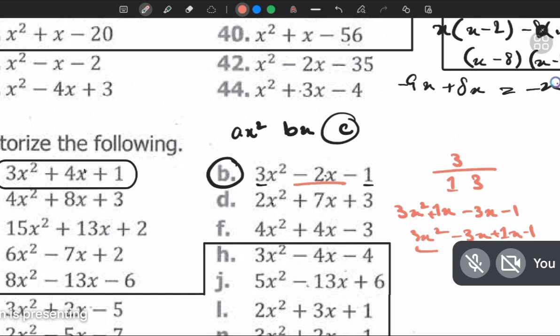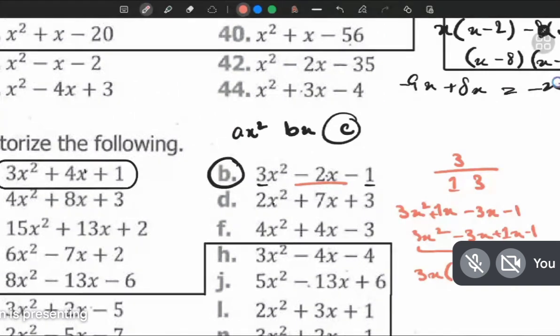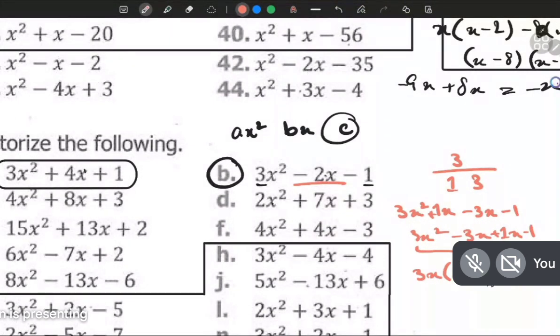It's up to you how you want to orient it. Okay? So again, if we take 3x common from these two, what are you left with? X minus 1, right? So does that make sense? And if we take 1 common in these two, plus 1, x minus 1 रह जाएगा, right?